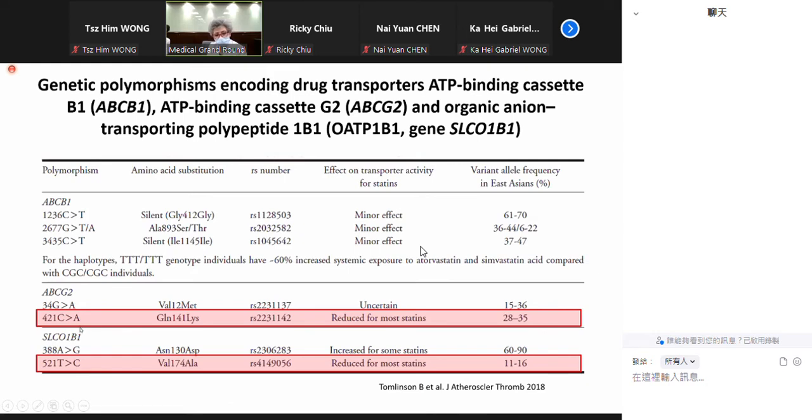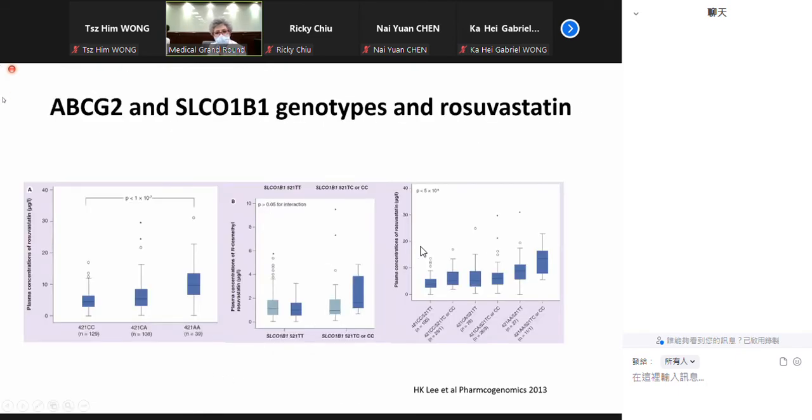Now, these were first reported by our group, Professor Brian Tomlinson. This is really showing how the SNP altered the rosuvastatin level, and subsequently these findings were confirmed in other ethnic groups.